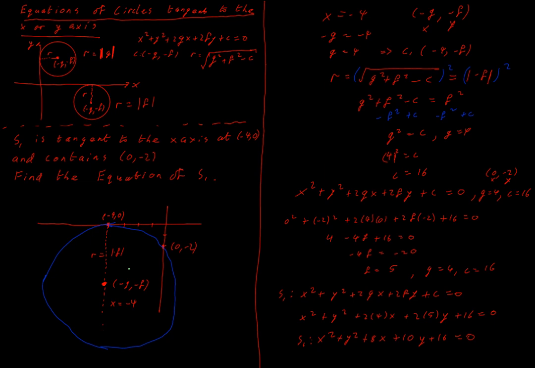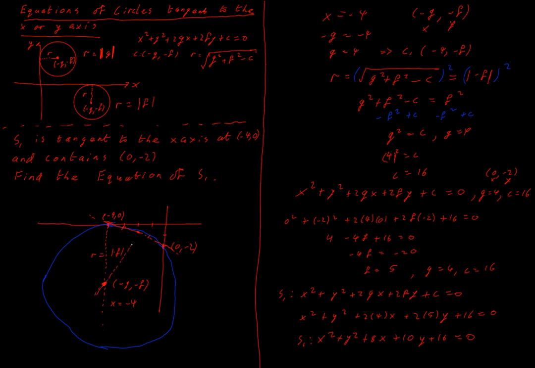Just to remind you, the way that we would look at this question geometrically would be, we can look at the tangent and get our x is equal to minus 4 line, like we did here. And then we could get the equation of our chord going through our 2 points. Then get the midpoint of our chord, and we know the perpendicular bisector of our chord goes through the center.